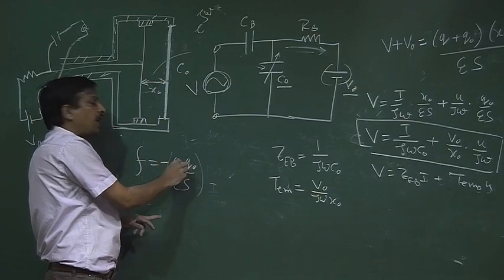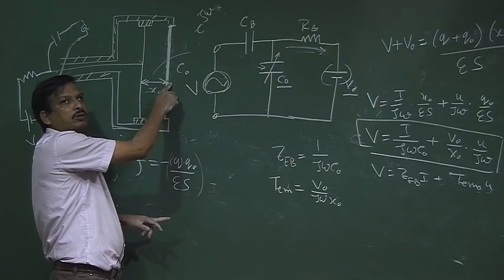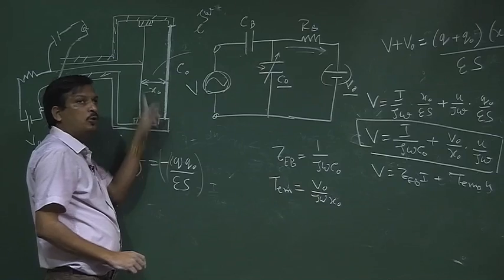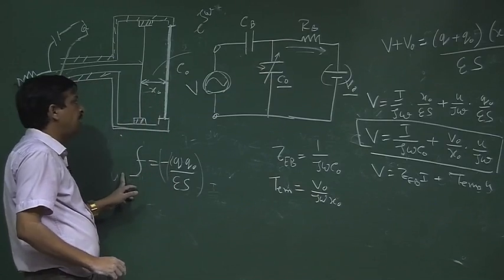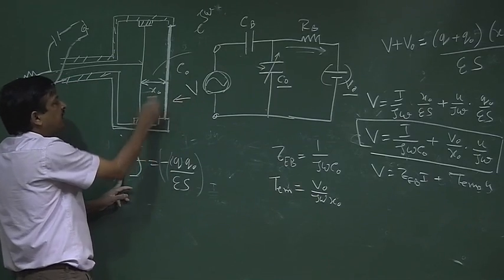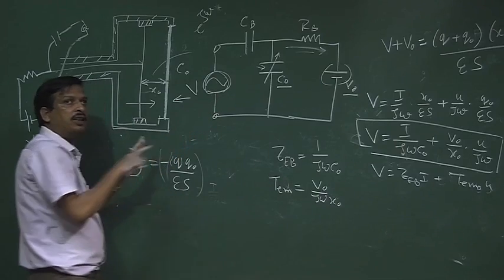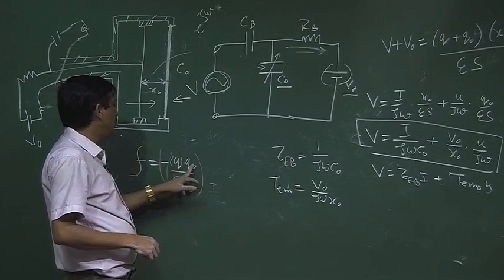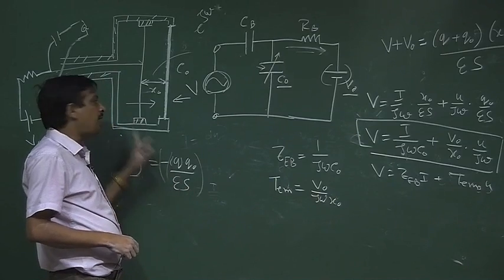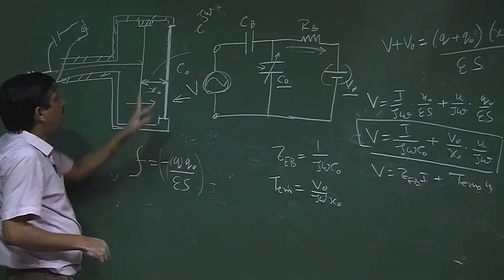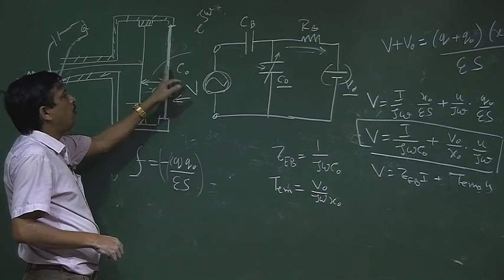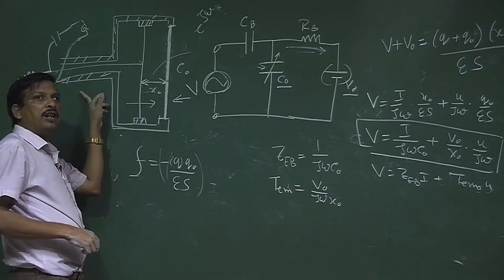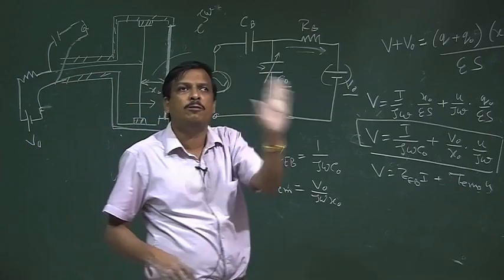If the Q amount of charge is required to resist that force, then F is equal to the force produced by that charge, and it is negative because the mechanical force is in this direction and the electrical force is in the opposite direction. So, if I apply a mechanical force on the diaphragm, the electrical energy tries to oppose that force.